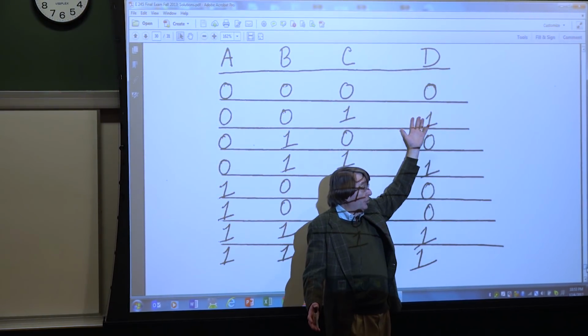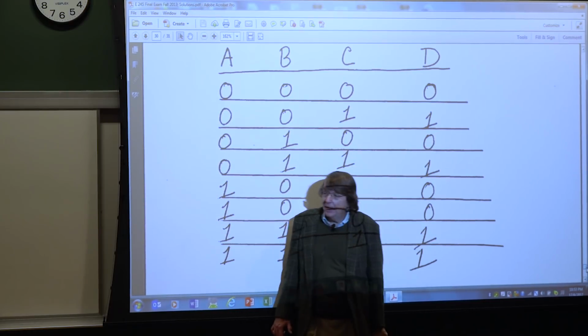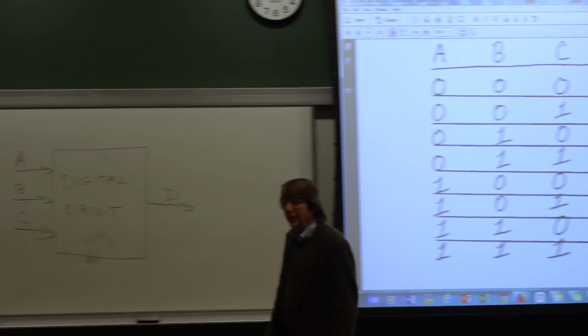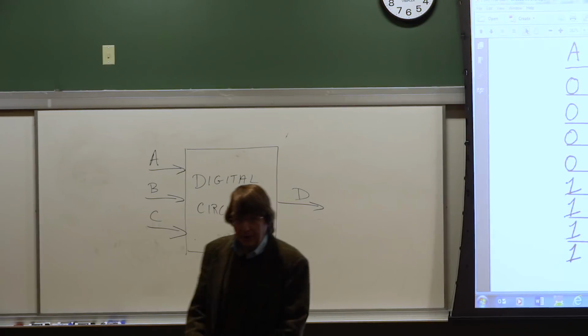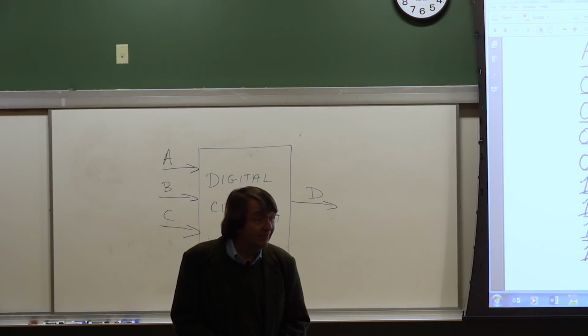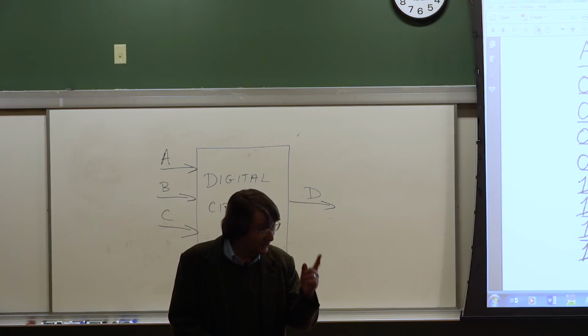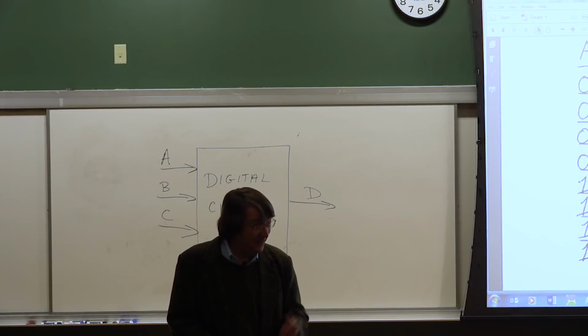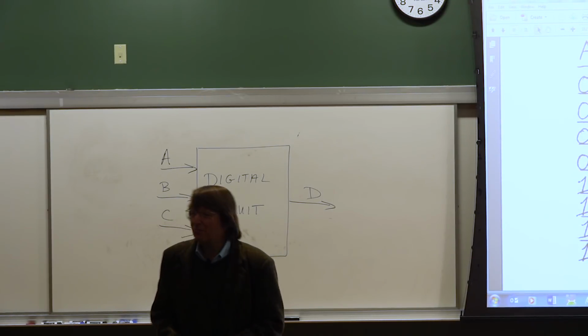So I want to build a circuit. Now, there are 2 ways of doing this, as you'll see in tomorrow's lecture. Product of sums and sums of products. Very good. You've had this before, young Jedi Knight. All right. Product of sums and sums of products.